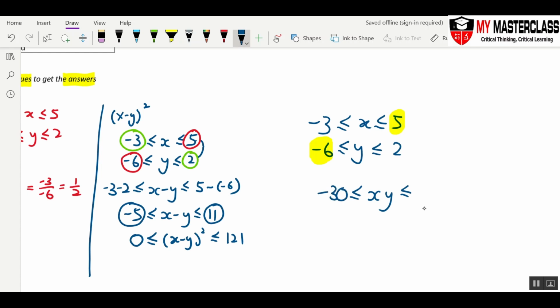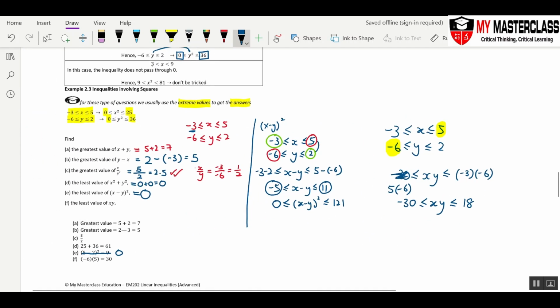Whereas for the biggest value of xy, it is actually -3 multiplied by -6. I write down here 5 multiplied by -6. So for xy, the smallest value is -30 and the greatest value is 18.